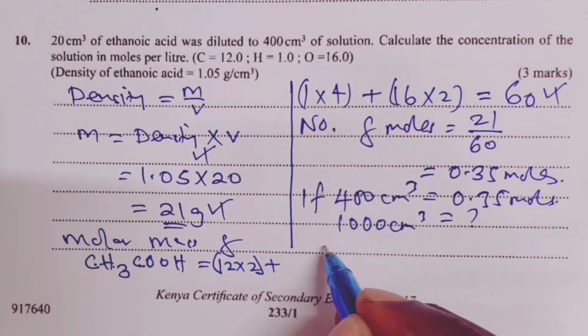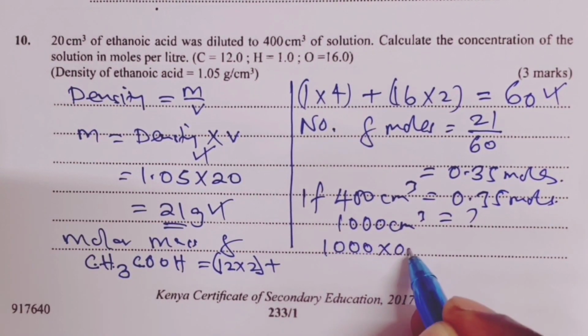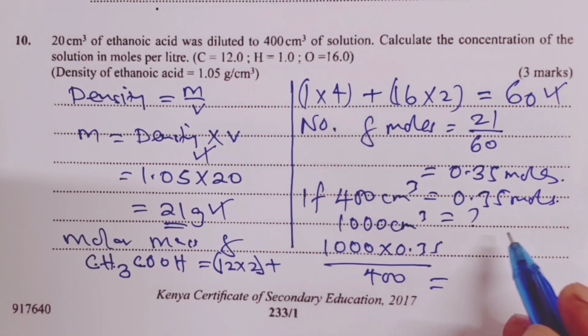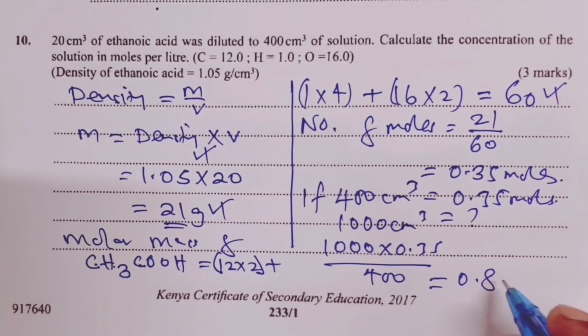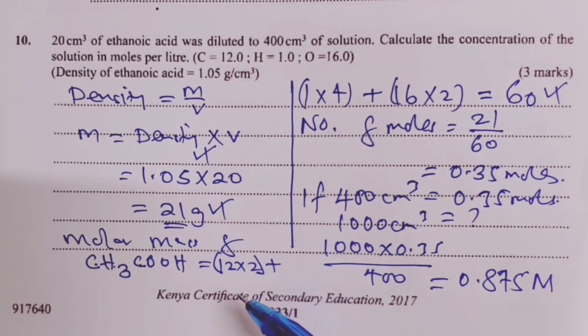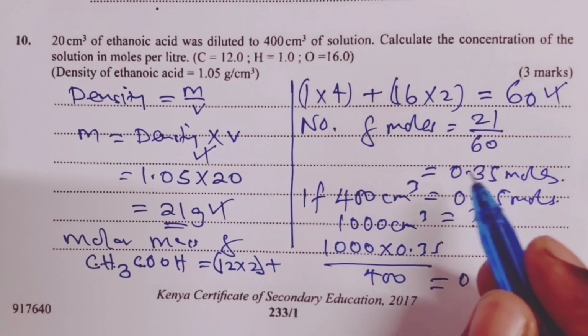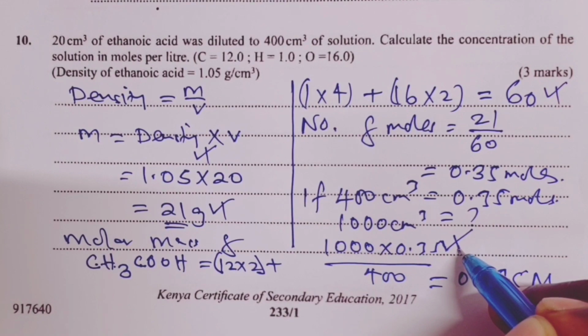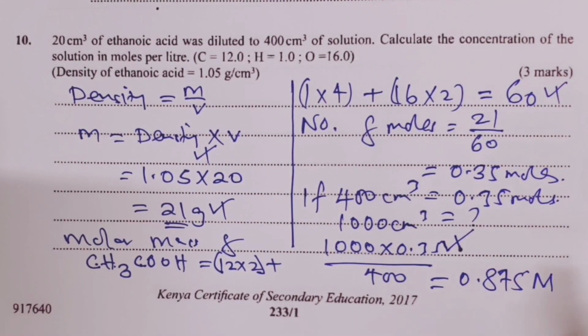So cross multiplication gives 1000 times 0.35 divided by 400, and the candidate was supposed to get 0.875 molar solution of ethanoic acid. So far we have 2 marks. The last 1 mark would have a half for multiplication by 1000 for the number of moles divided by 400, and finally half a mark for the molarity.